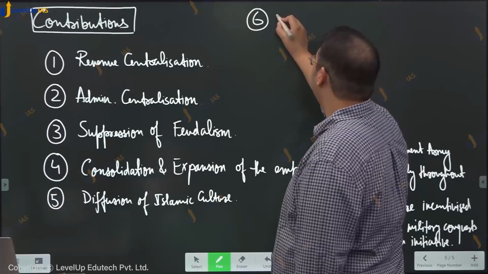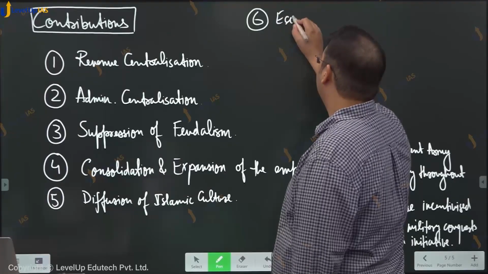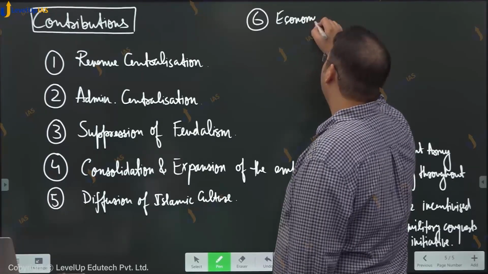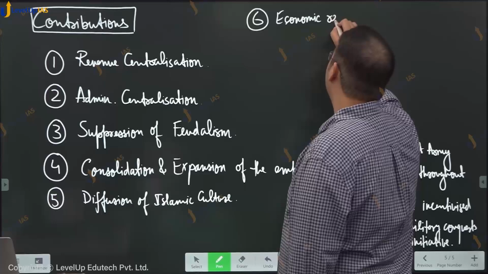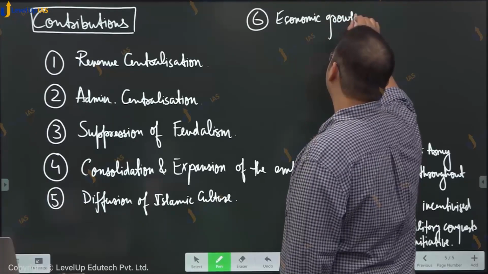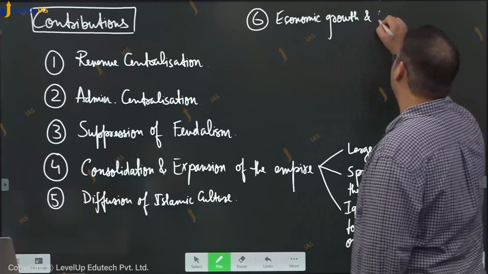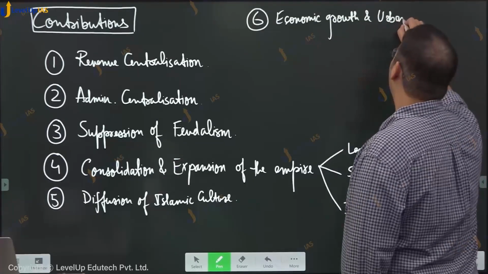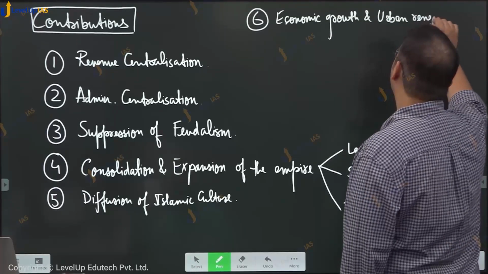Right. So the Iqta system, you can say, led to economic renewal or economic growth and urban renewal.